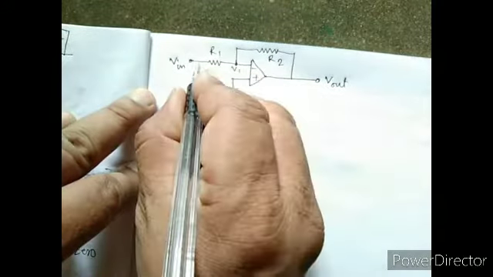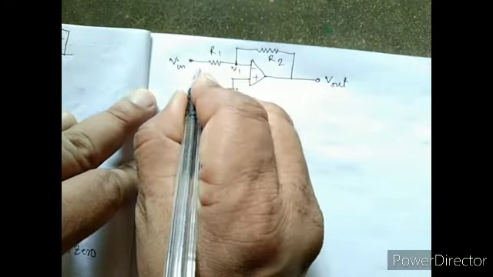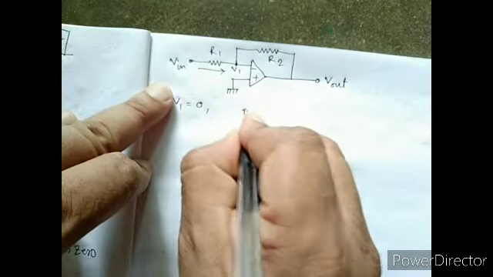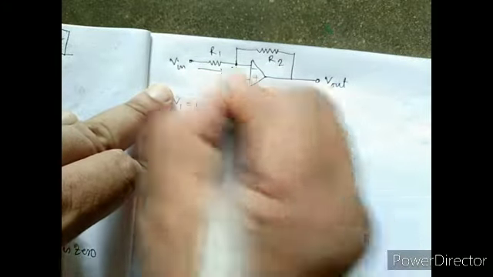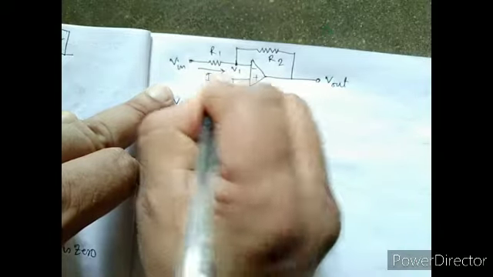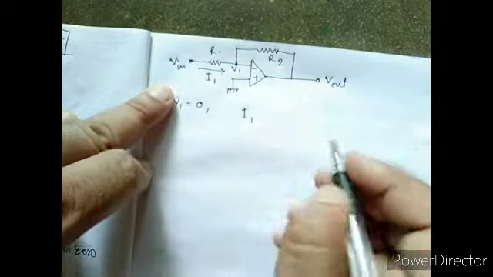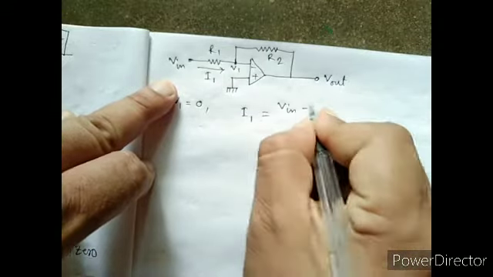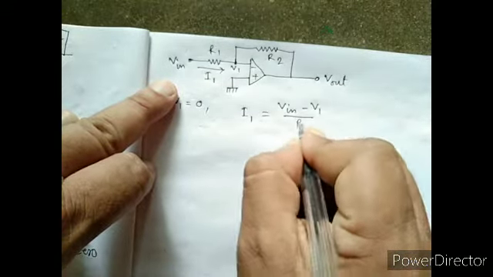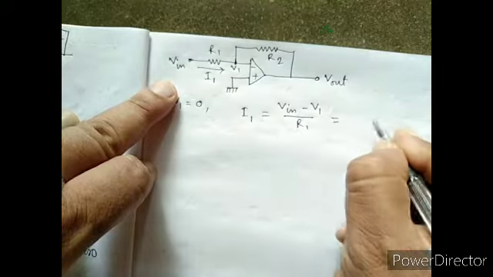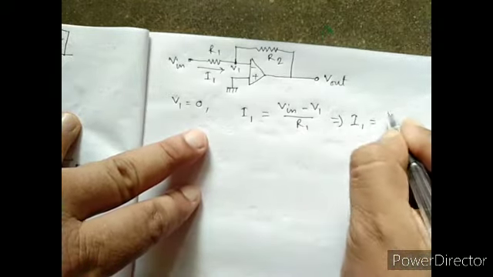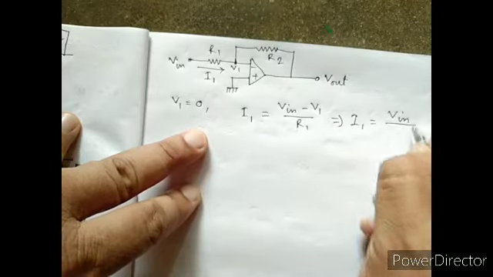Now how much current is passing through R1? If we consider I1 is the current passing through R1, then I1 equals to Vin minus V1 by R1. Now V1 equals to 0, so I1 equals to Vin by R1.